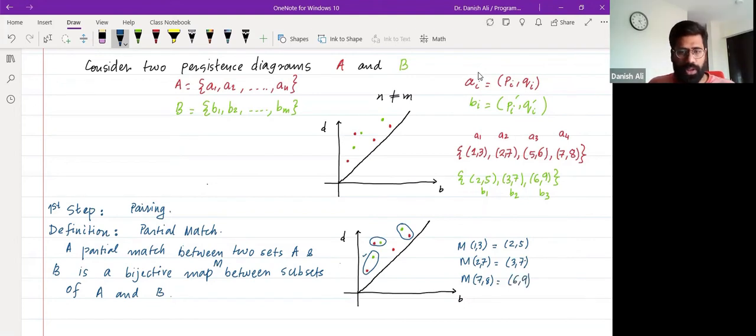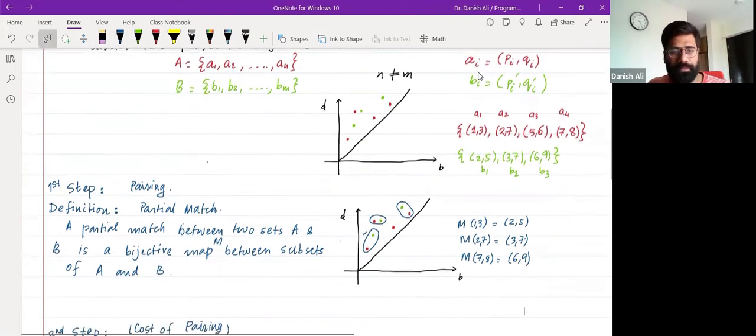So this is one partial match between the two sets A and B.